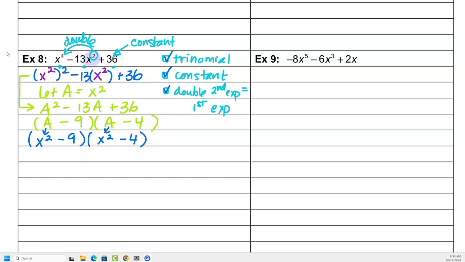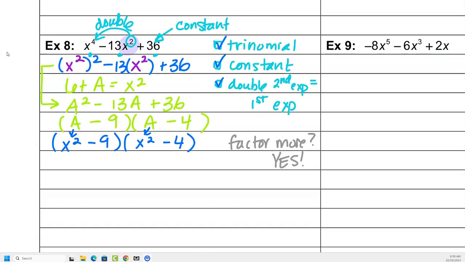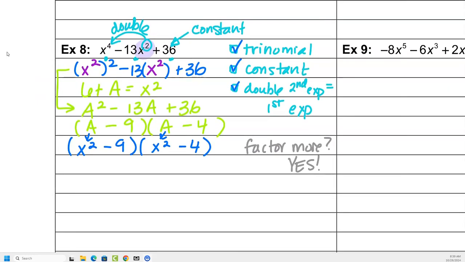You do have to ask, can you factor again or factor more? Because we're in Algebra 2 now. Can you factor more? The answer is yes, you totally can factor more, can't you? I notice in this first one, it's the difference of squares, x times x and 3 times 3. So I can make my two groups.